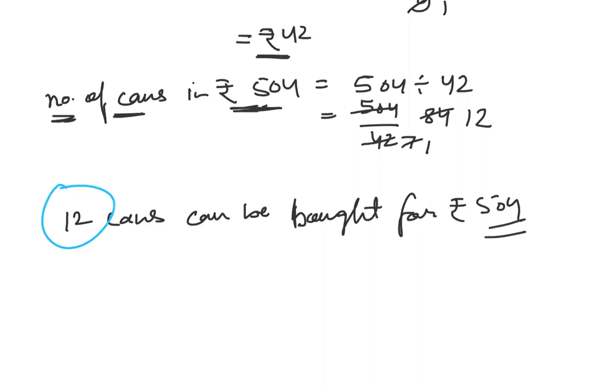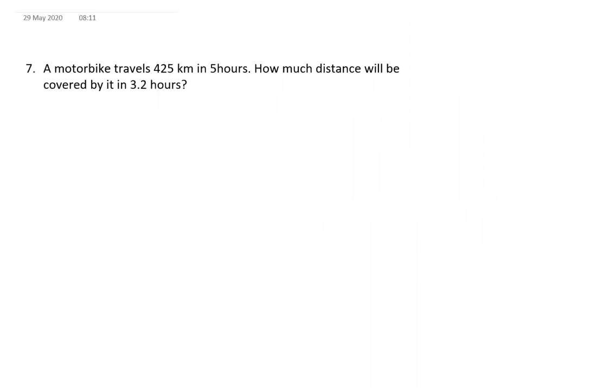The answer is 12 cans. Now the next question says a motorbike travels 425 kilometers in 5 hours. So distance in 5 hours is equal to 425 kilometers. Distance in 5 hours by a bike is 425 kilometers.